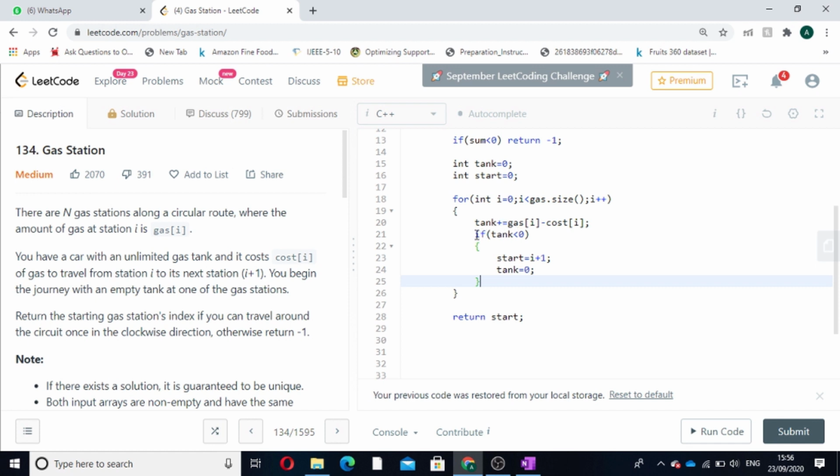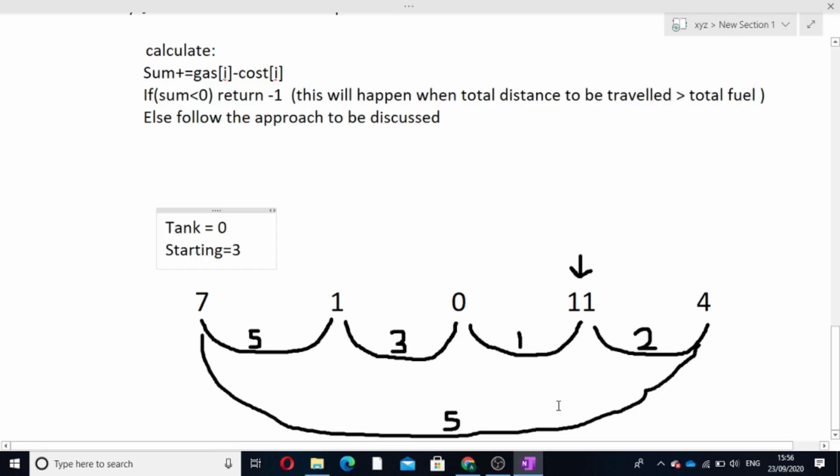If the tank value at any point becomes less than 0, it means that we have found a trip in which we are not able to move from one station to another. In that case, I initialize start with i plus 1, because this trip was not possible, that is, from 0 to 11 it was not possible.